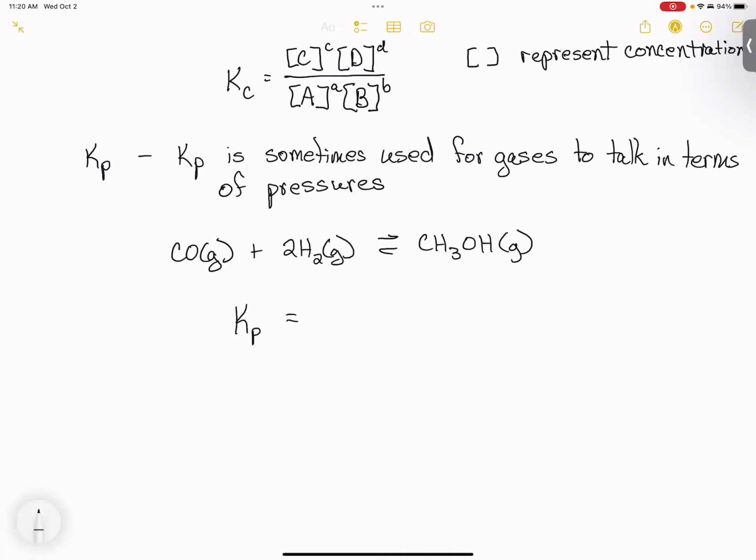When you develop the Kp, it is developed very similarly as you would the Kc. The only difference is instead of using concentration brackets, we're going to use pressure, the P, to represent pressure.